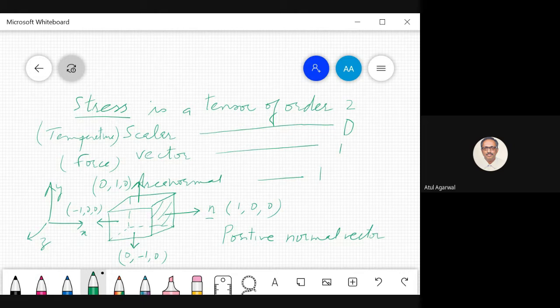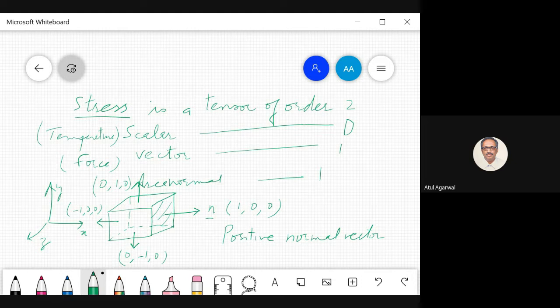So this is a positive area normal. This is a negative area normal. So we have a sign convention. We can call this a positive face, this a negative face, this a positive face, this a negative face. It simplifies our representation later on.